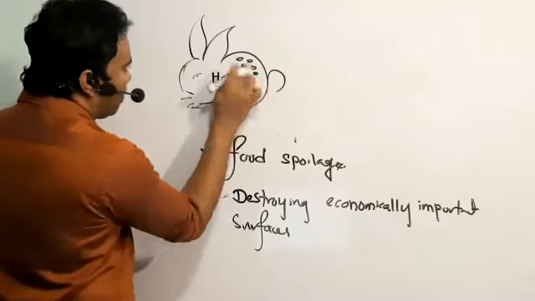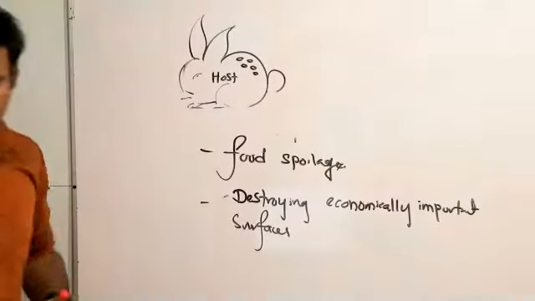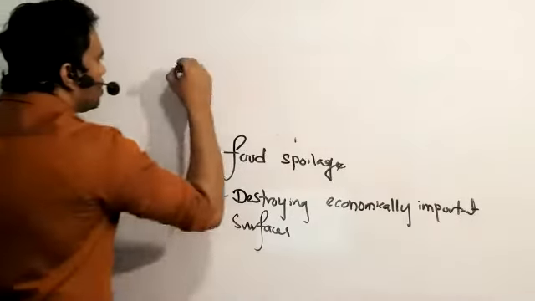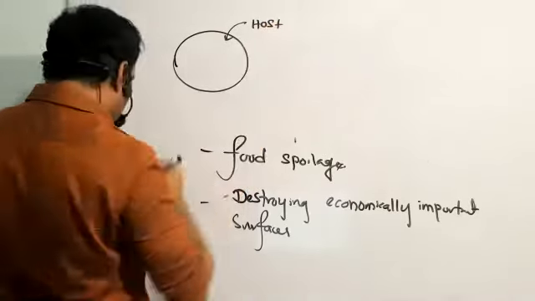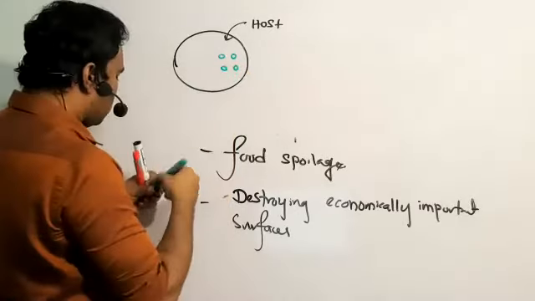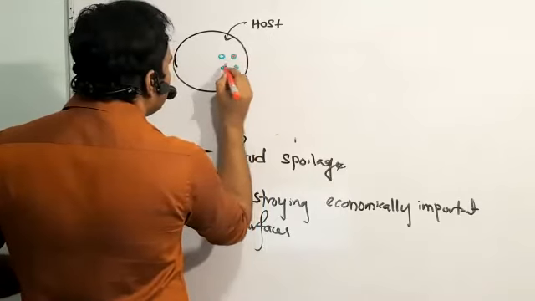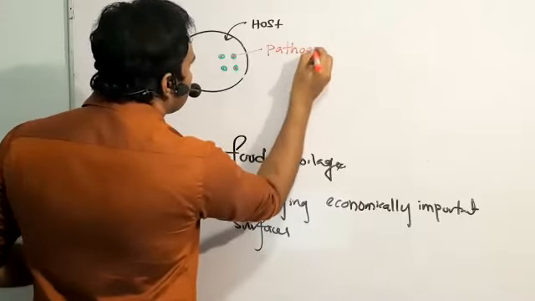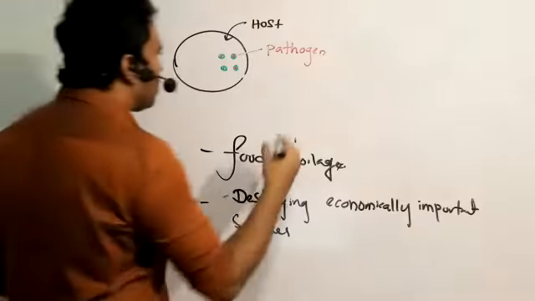Okay, this is how I have pointed. So this is the host organism. This is what I put in red: pathogen, or we call that disease causative microorganism.